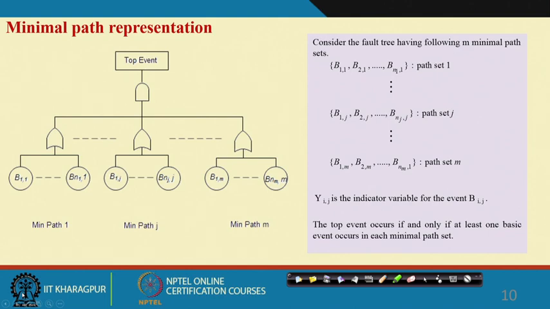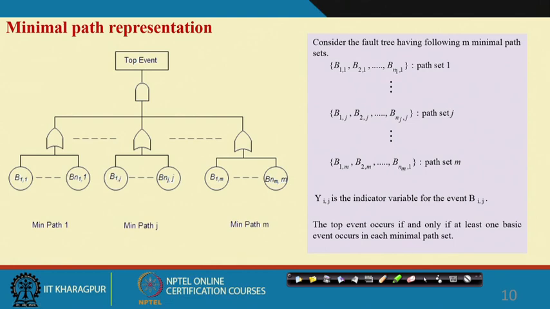So, if you find the path sets and want to find the top event failure, the simple rule is that an AND gate in the cut set representation is converted to an OR gate in the path set representation, and an OR gate in the cut set representation is converted into an AND gate, keeping the basic events as failure events and the top event as a failure event.